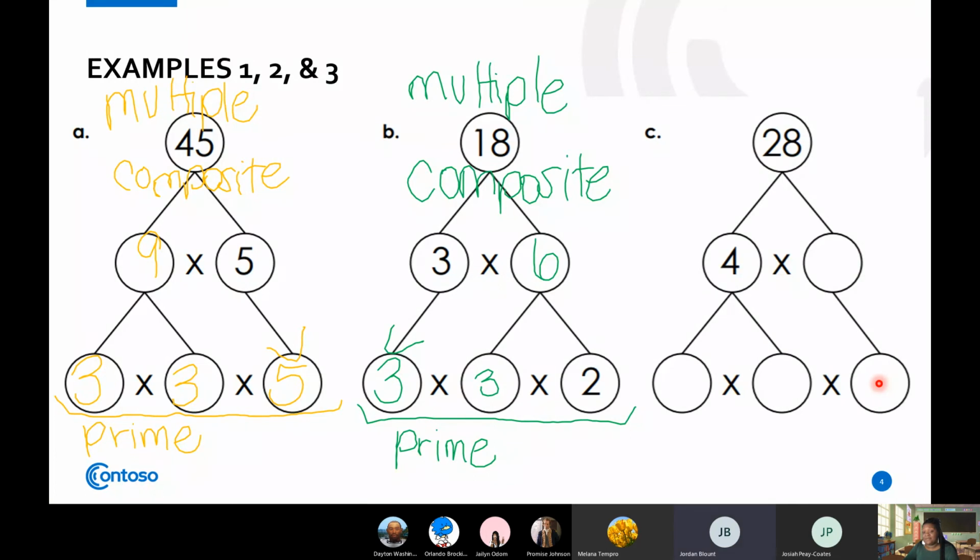Why? Hold on. Remember, all numbers at the bottom of the tree are prime. So 7 is prime, so I would bring it down. Jordan, what 2 other numbers would join 7 at the bottom of our tree?